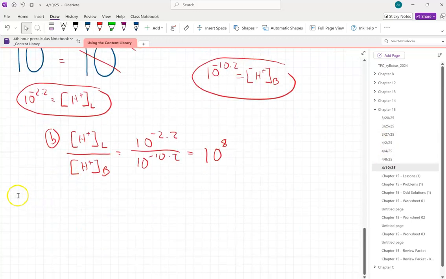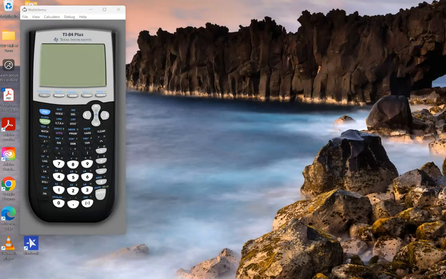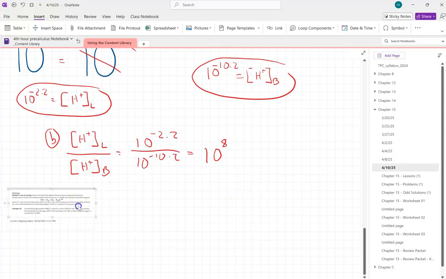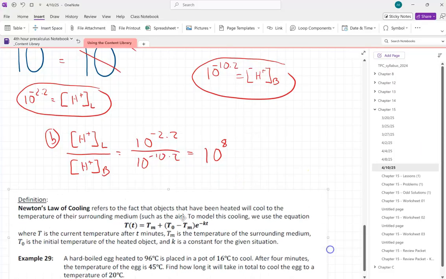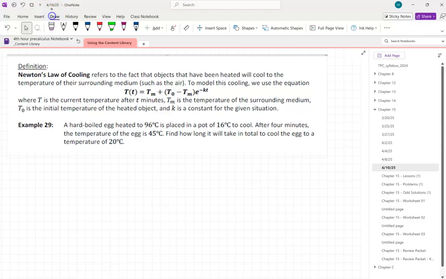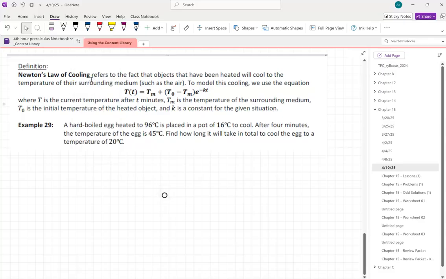All right. Our last situation then has to do with things cooling. So this is Newton's law of cooling. This refers to objects that are cooling down.